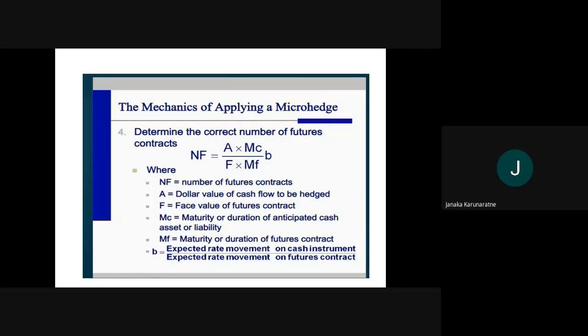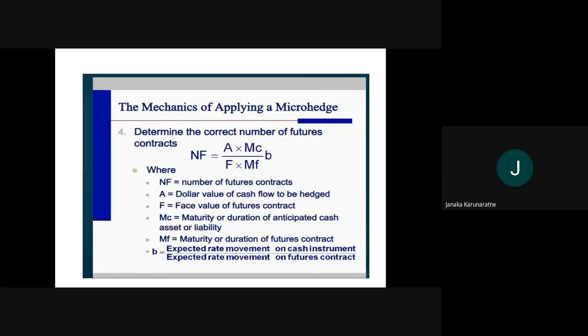What is the expected change in interest rates in the cash market, and what is the expected rate movement in the futures contract? Let's say we expect the interest rate in the cash market to move up by 1%, and the futures market rates to go up by 2%, the B would be 0.5.